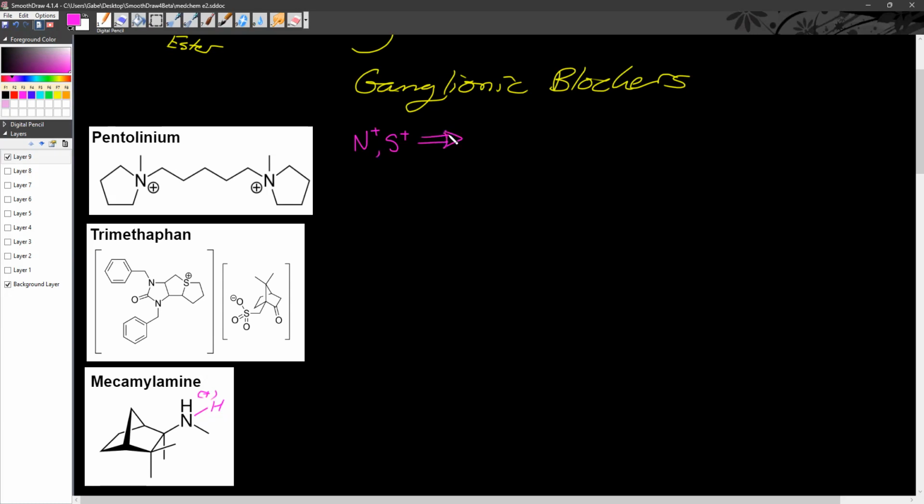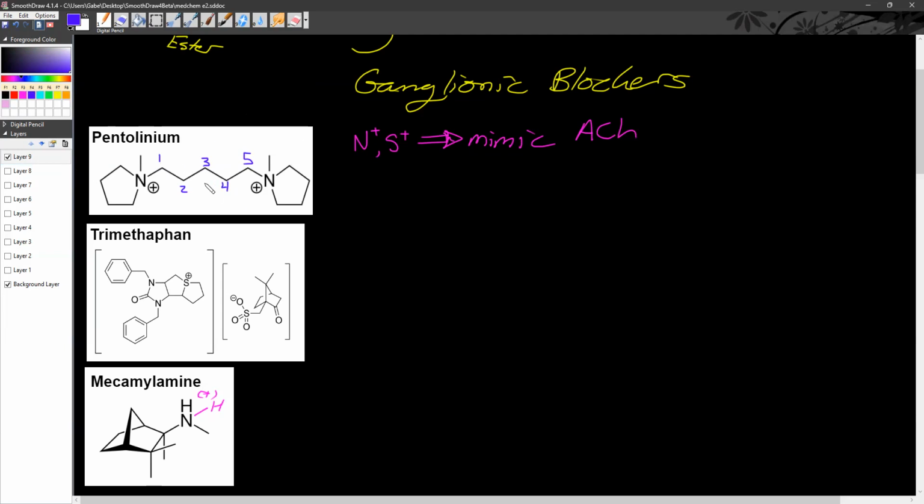All of these moieties are mimicking acetylcholine, so you need to have this positive atom. What you notice is that in between, we have 1, 2, 3, 4, 5 carbons.